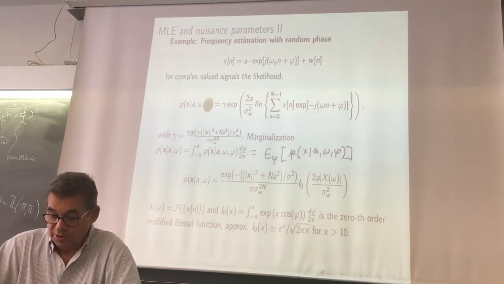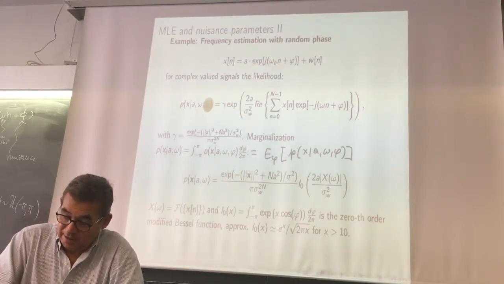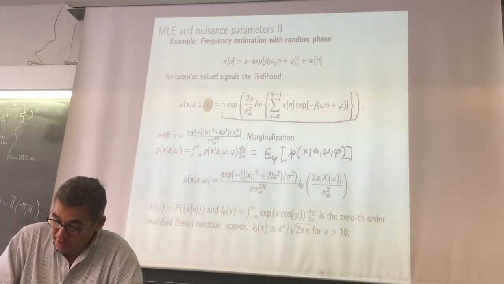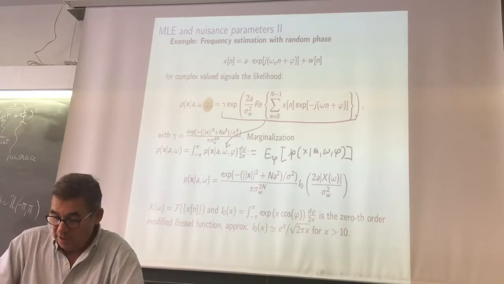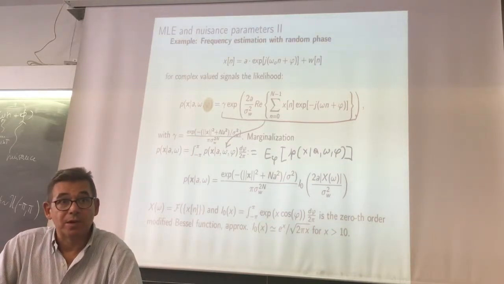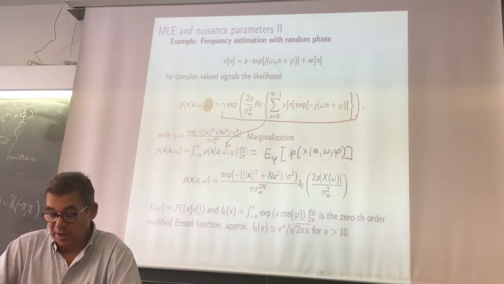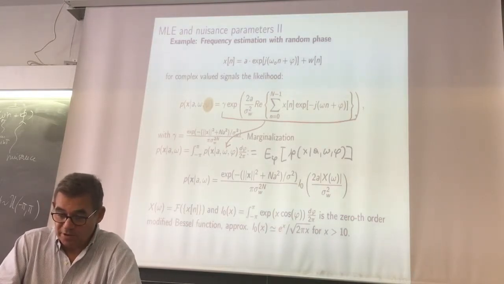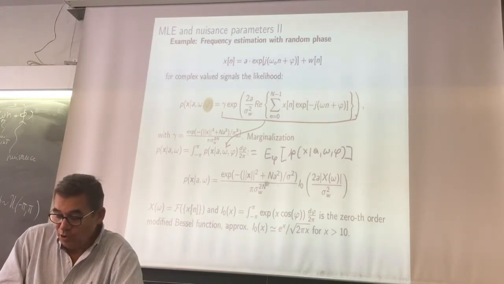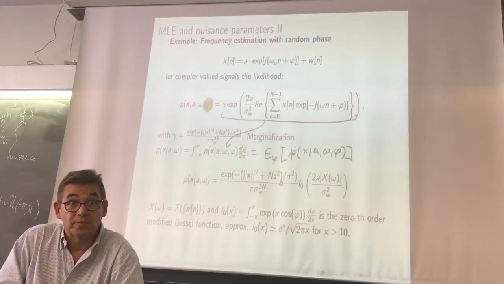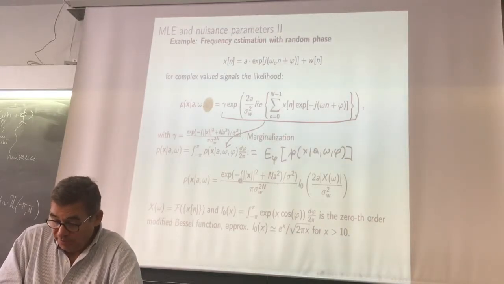Now, that means that I take this big function, I move into there, I compute it, and so on. It's not necessary that you learn by memory to do it. And it comes out a function where I have removed the dependency on phi, because I integrated with respect to phi. So the function depends on data and amplitude, which is not known.